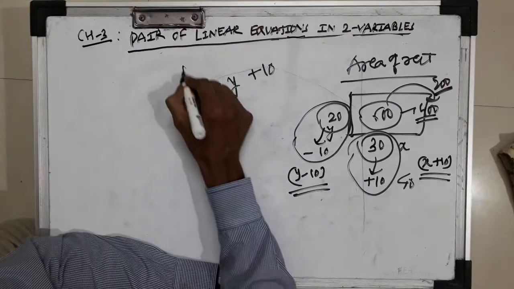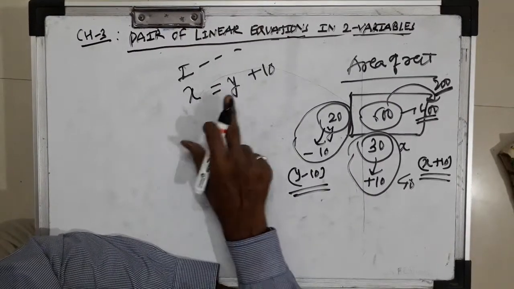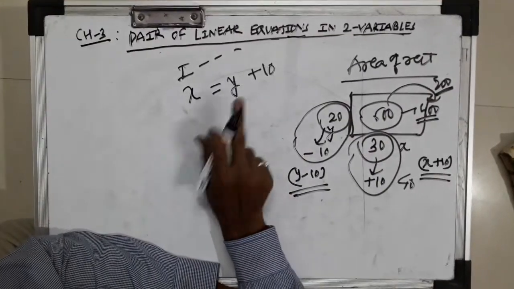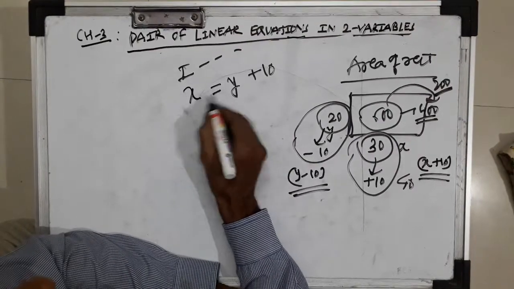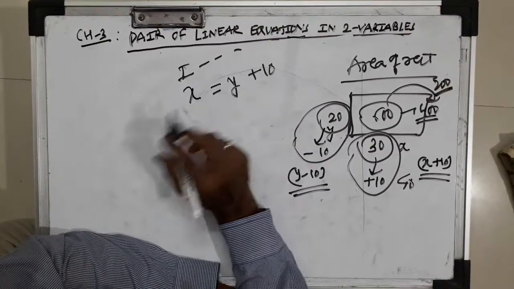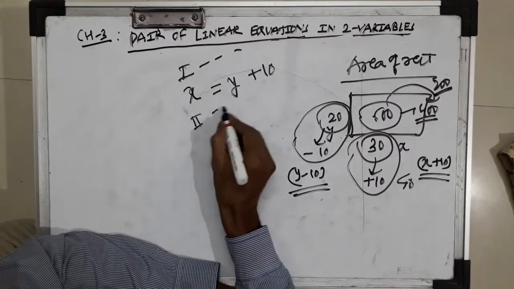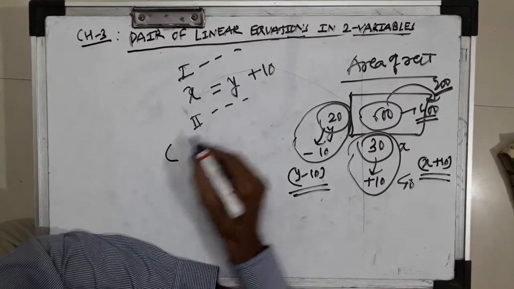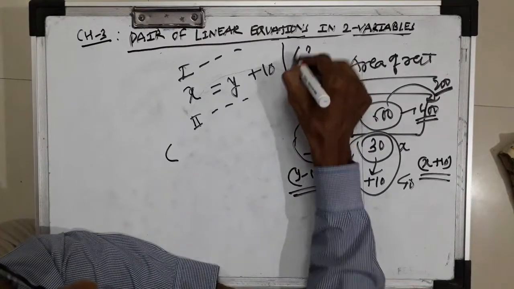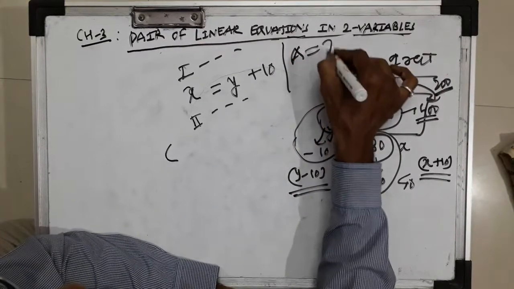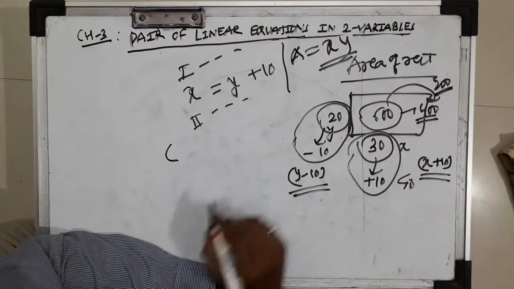So how to form this? By first condition, length is greater than the breadth by 10. This is one statement. Or length exceeds the breadth by 10. This is the second statement for it. Now by second condition, original area of a rectangle is length into breadth. Length is x, breadth is y. That's why original area is xy.